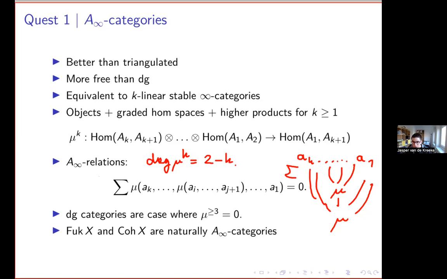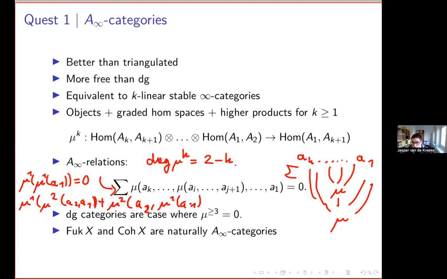If you write down the first few A infinity relations, if you just have one input A1, what you get is mu1 of mu1 of A1 is 0. So mu1 is supposed to be a differential. And the second one would read mu1 of mu2 of A2, A1 plus, and you can imagine how this continues, mu2 of mu1 A2, A1 plus mu2 of A2, mu1 A1 is 0.